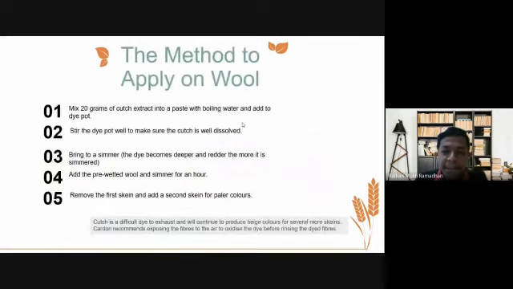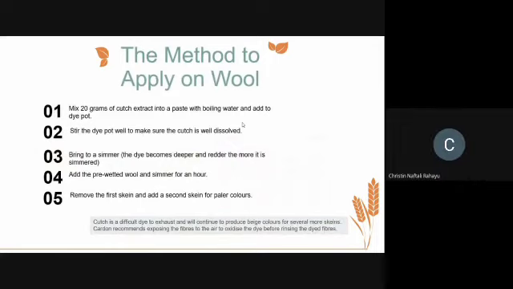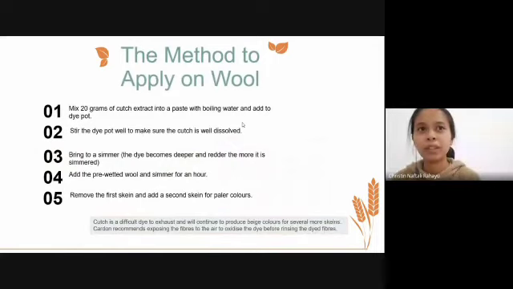Okay, the next is the method to apply on wool. To dye 200 grams of wool, first mix 20 grams of Kutch extract with water and add to the pot. Second, stir the pot to make sure the Kutch is well dissolved.